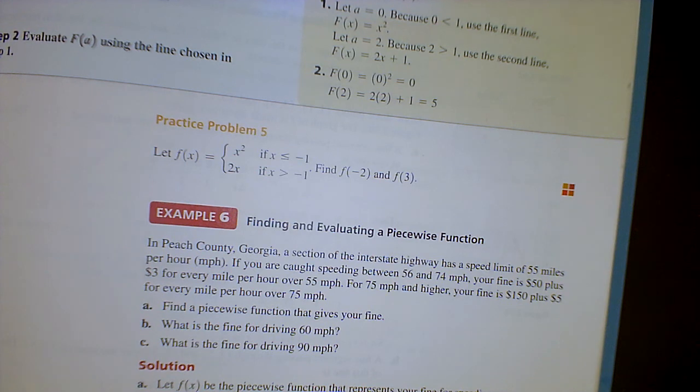If you are caught speeding between 56 and 74, your fine is $50 plus $3 for every mile per hour over 55. For 75 and higher, your fine is $150 plus 5 dollars for every mile per hour over 75. So they want you to find the piecewise function that gives your fine, what is the fine for driving 60 miles per hour and what is the fine for driving 90 miles per hour.